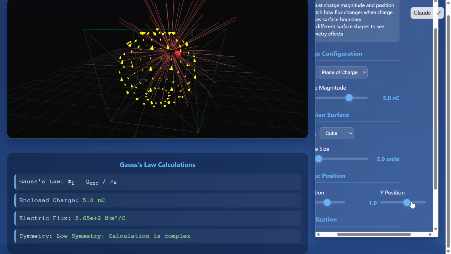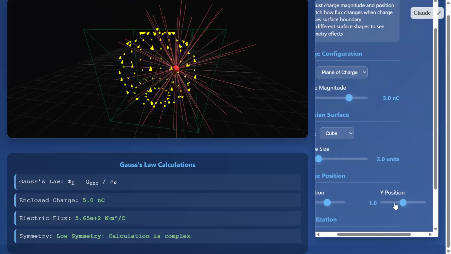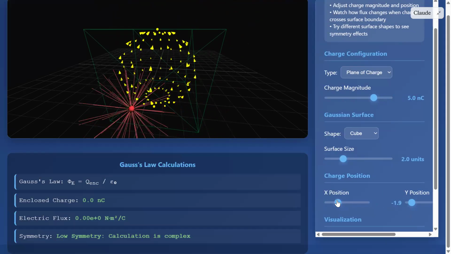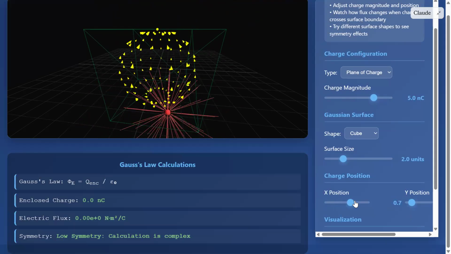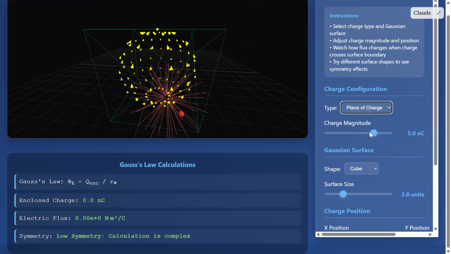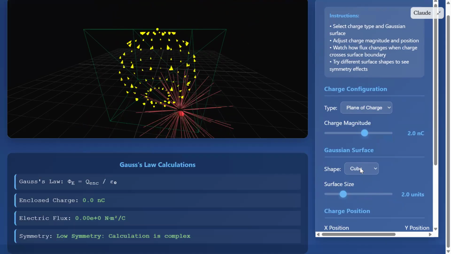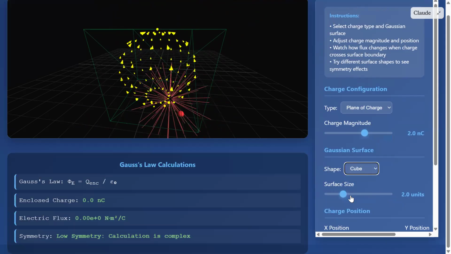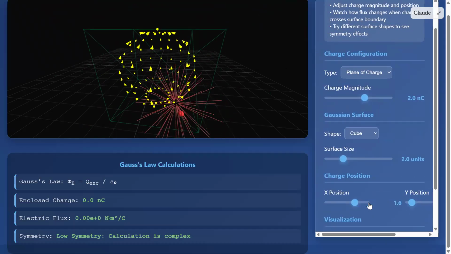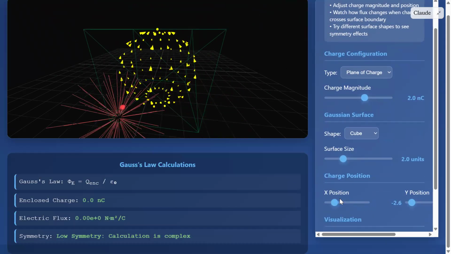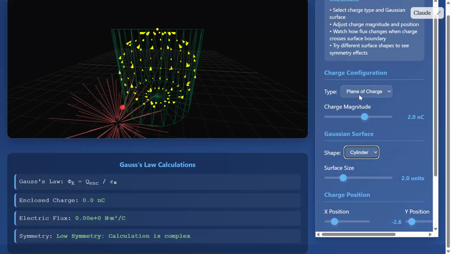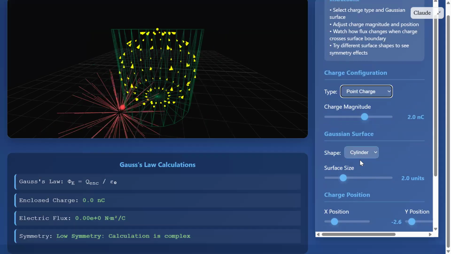So we have to find the exact one point anywhere around that surface. For a point charge, we have to choose a sphere.